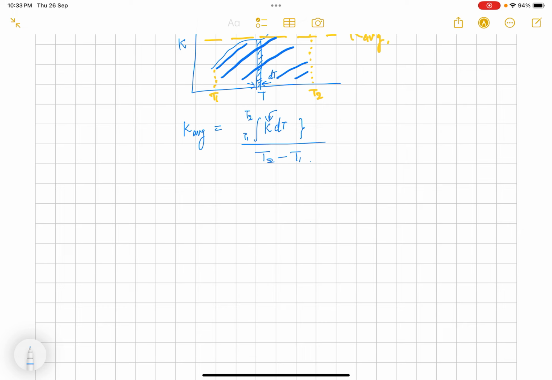So this is depicting the area and this is depicting the temperature difference. That's how we can find the average value of thermal conductivity.